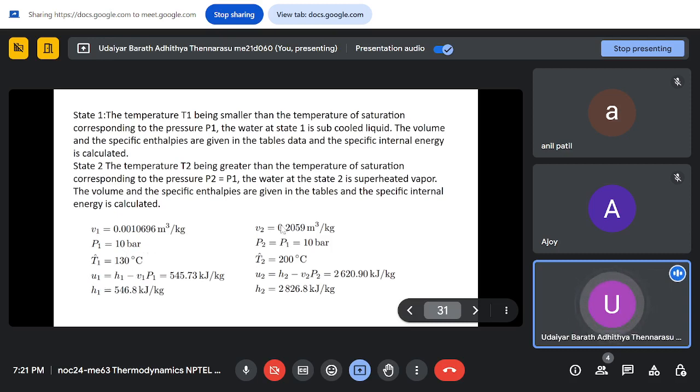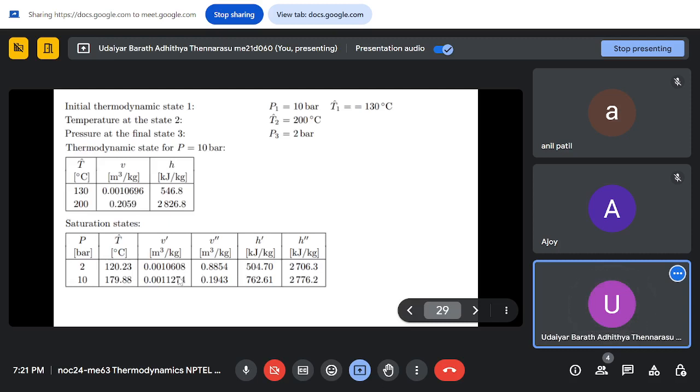And then at state 2 they say it's a constant pressure process from 1 to 2. So your pressure is constant, 10 bar, and the temperature is given as 200 degrees Celsius. From the table, 200 degrees Celsius is again a superheated state. At 10 bar, your saturation temperature is 179.88, and this temperature is greater than 179.88.